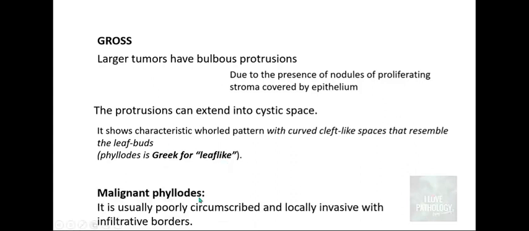Malignant Phyllodes, on the other hand, are very poorly circumscribed and locally invasive with infiltrative borders. Now, microscopically, the growth pattern typically shows an exaggerated intracanalicular growth pattern. So we learnt about microscopy of fibroadenoma, right? That is the intracanalicular and pericanalicular pattern.